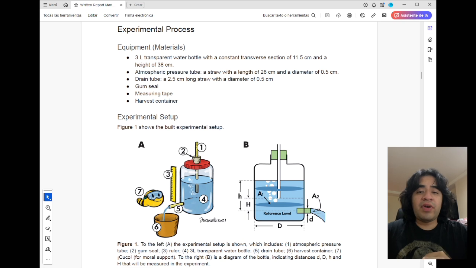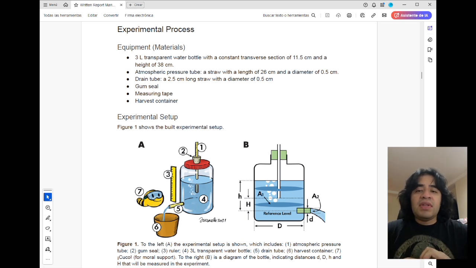To compare theoretical values with experimental results, we built a Mariotte's bottle using the following components: a 3-liter bottle with a constant transverse section, an atmospheric pressure tube, a drain tube, gum seal, a harvest container, and measuring tape.